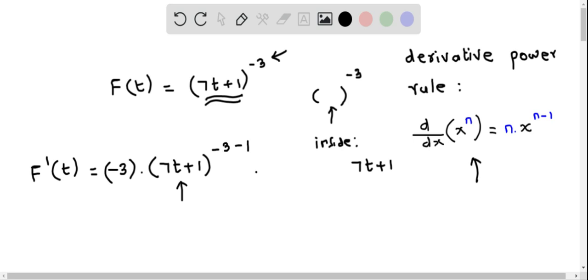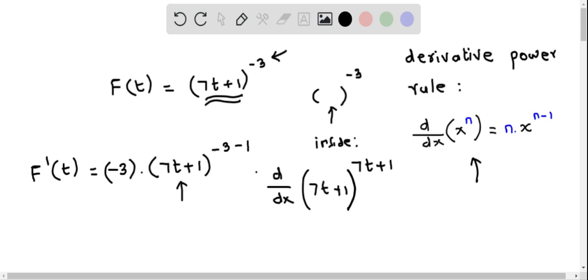So we have found the derivative at the inside part, but in the chain rule we then have to multiply by the derivative of the inside function. So I put d by dt of the inside function, 7t plus 1.